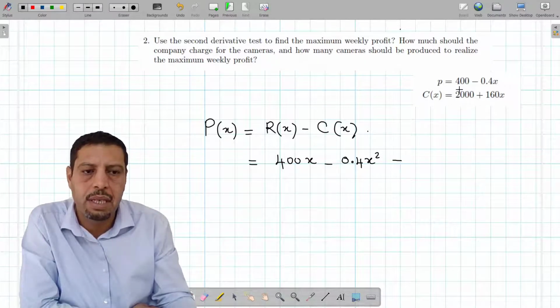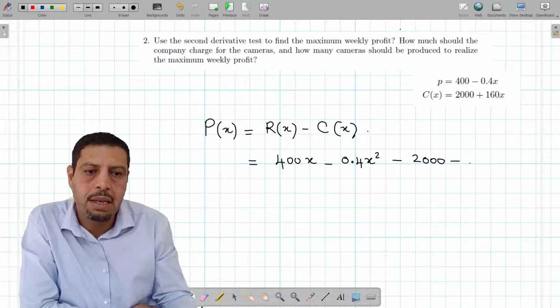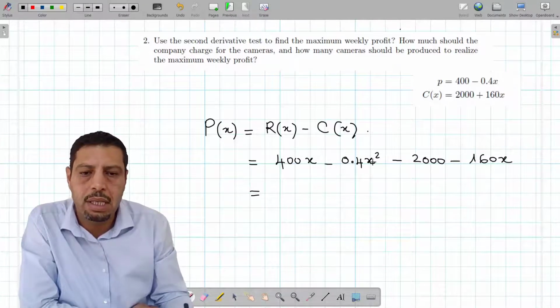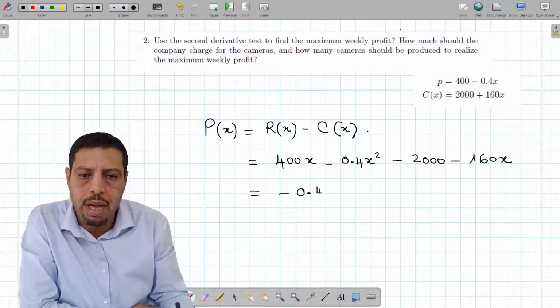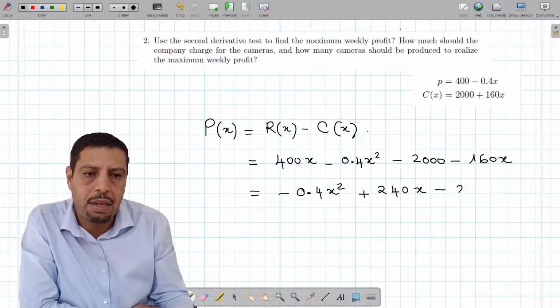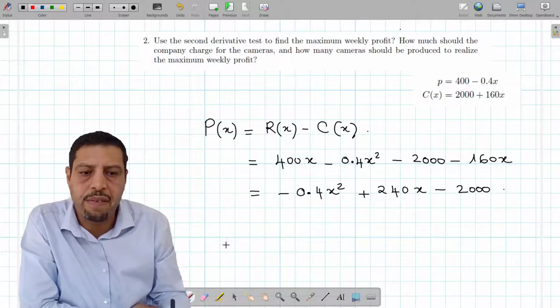Be careful about inverting the sign of the cost function since we have a negative sign: minus 2000 minus 160x. You can group the similar terms, so you will find negative 0.4x squared plus 240x minus 2000. This is the profit function. It's defined on (0, 1000), as the price-demand equation is defined on (0, 1000).